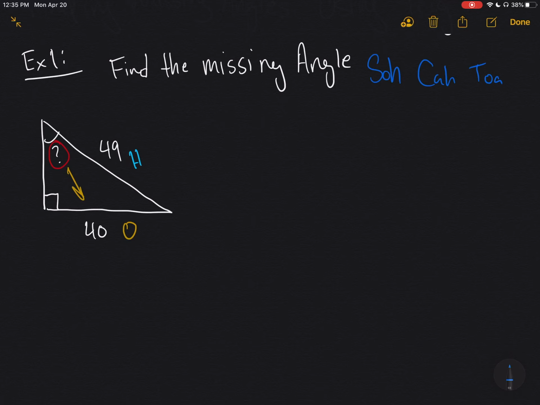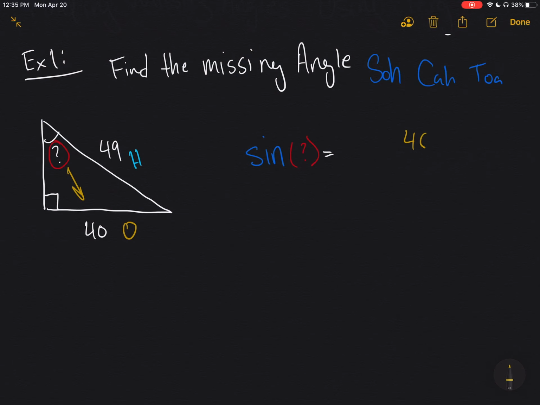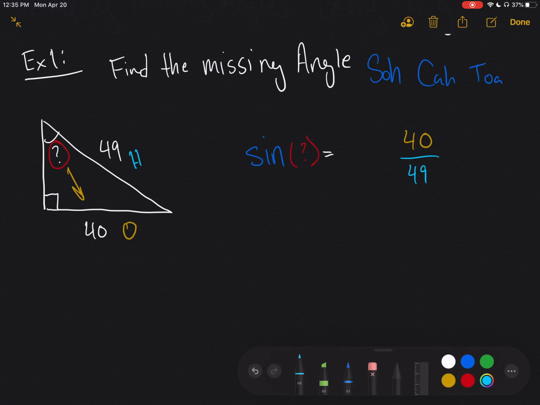So let's start writing that out. So I've got the sine of an angle, which I don't know at the moment, so we'll just call it question mark, and that's equal to the opposite over the hypotenuse, or 40 over 49. Okay. Now I want to solve for that missing angle, so I have to undo sine, and what I'm going to use to do that, well, it's going to be inverse trig.